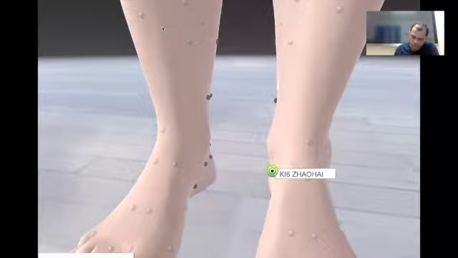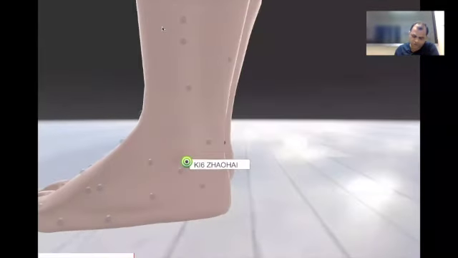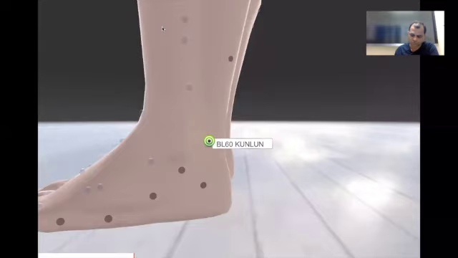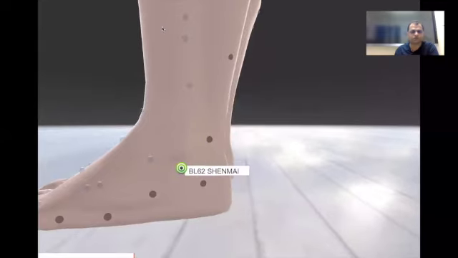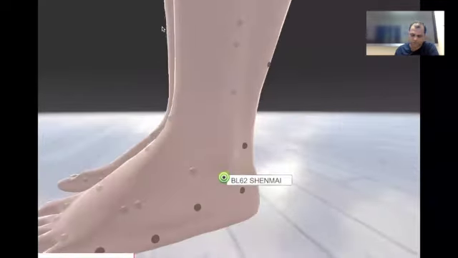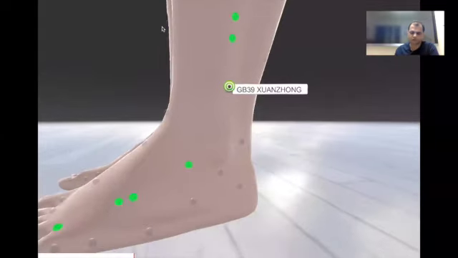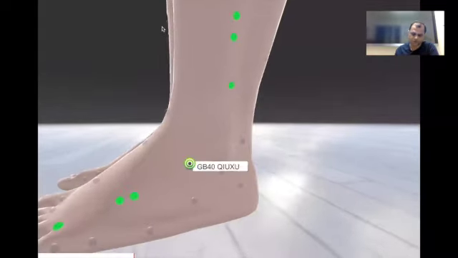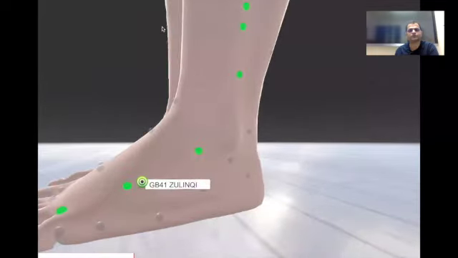And we will go to the other side and we'll take urinary bladder 60, 61, and 62. And we'll come to the anterior side, we'll take 3 points of the gallbladder, that is gallbladder 39, 40, and 41. That's it. So with the help of these points, we can work successfully for all types of heel pain.